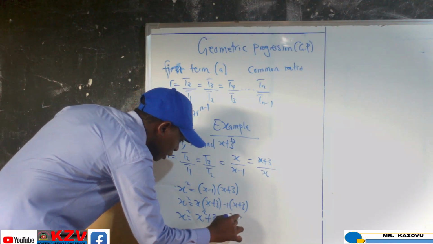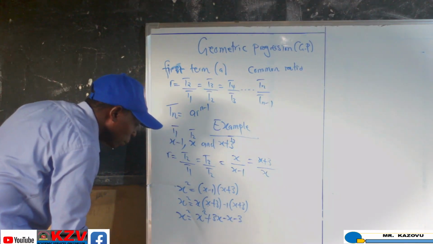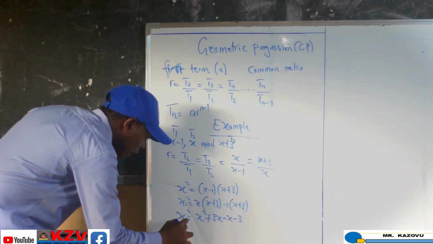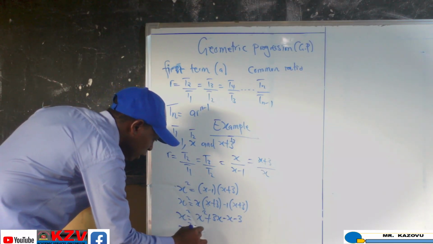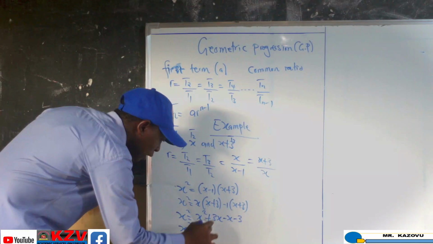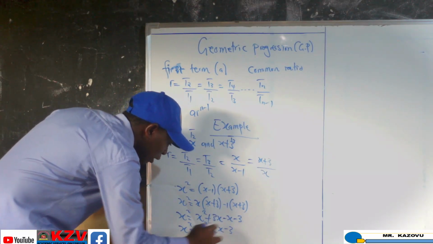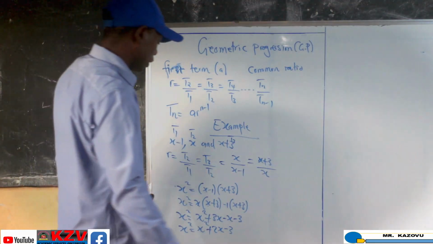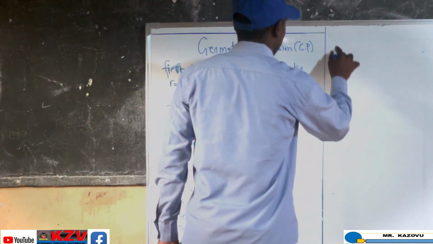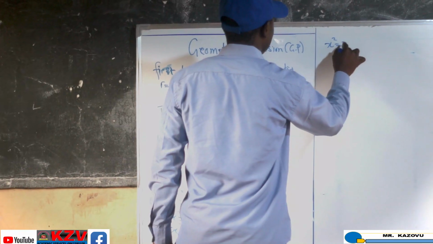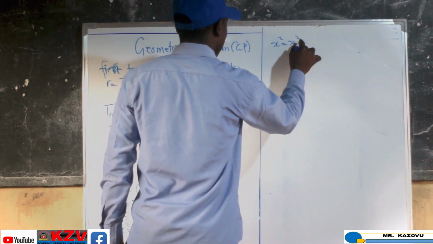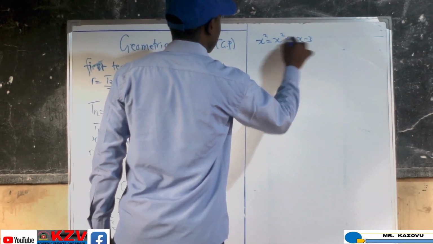Negative times 3, you get negative 3. Now we have x squared is equal to x squared plus 3x minus x, 2x, minus 3.